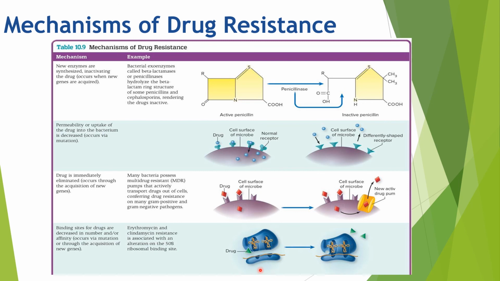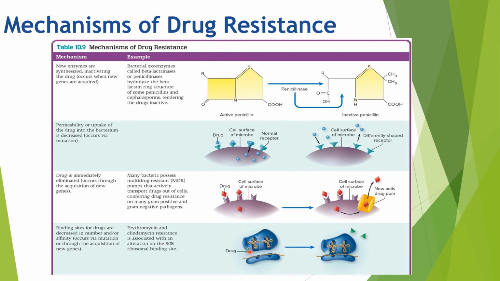Now what ends up happening is the bacteria, again through mutations, can alter its own ribosome. And so if it alters its own ribosome, guess what? The drug cannot now bind to the ribosome.